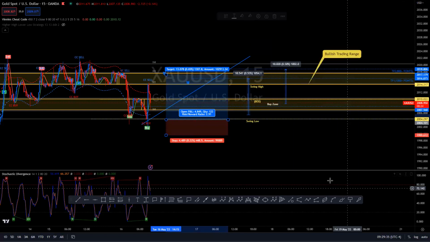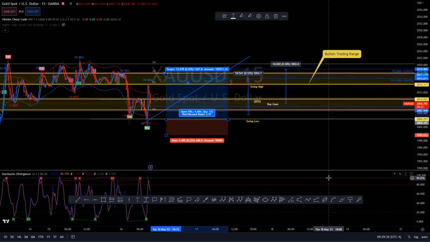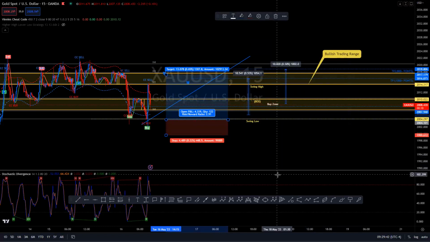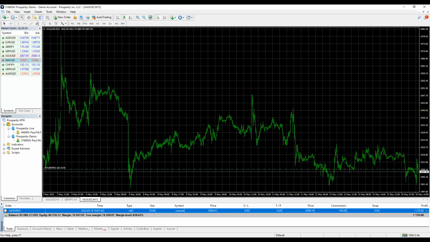So I got my stop loss and take profit in. So we have less than 20 seconds before this closes. Let me do something real quick here. So it might end up selling.